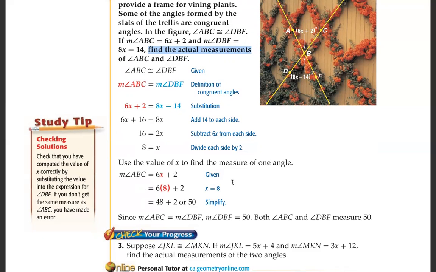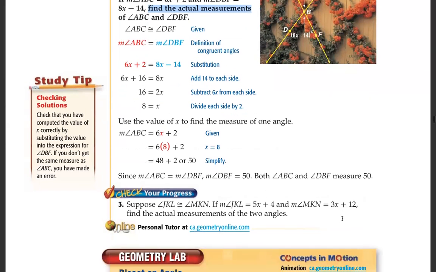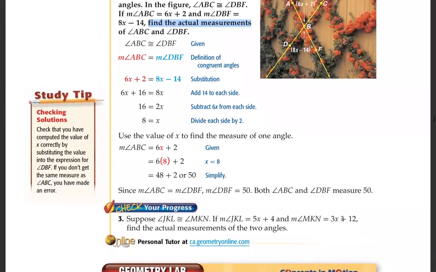You may use DBF or ABC. So 6 times 8 plus 2. 48 plus 2, it's 50. Since the measurement of angle ABC is equal to the measurement of angle DBF, and the measurement of angle DBF is equal to 50, both angle ABC and angle DBF measure 50 degrees.